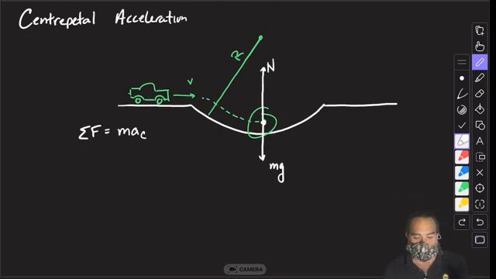We'd recognize first that I'm going to make the upwards direction positive because that's got to be the direction of the acceleration. Something that I would really encourage you put into your notes, that for centripetal motion problems, it is much easier on you if you make the acceleration direction the positive direction for your forces.